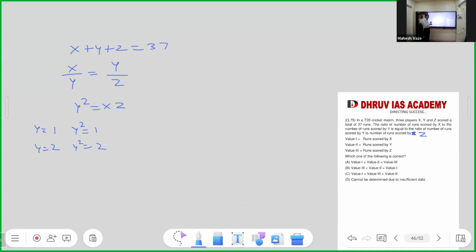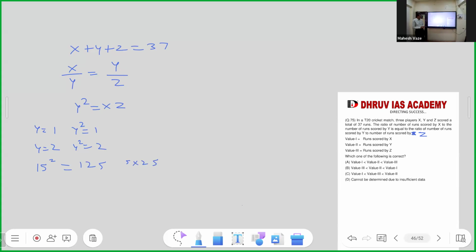So Y's value should be sufficiently large, but at the same time it cannot be much larger. Because, suppose Y can be 15, I'm just trying to limit our range. 15 square is 225, but then again for 225 the factors can be 5 into 45.